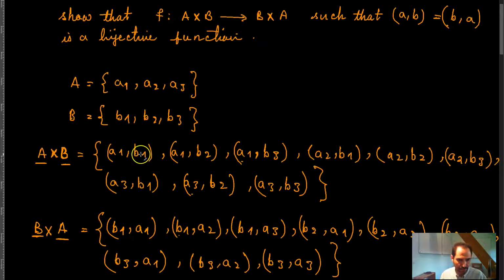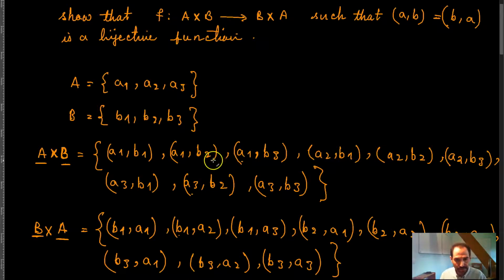So okay, A1 B1 and B1 A1 based on this rule are going to be equal, and then you can say that A1 B2 is the same thing as B2 A1, which is this one over here.